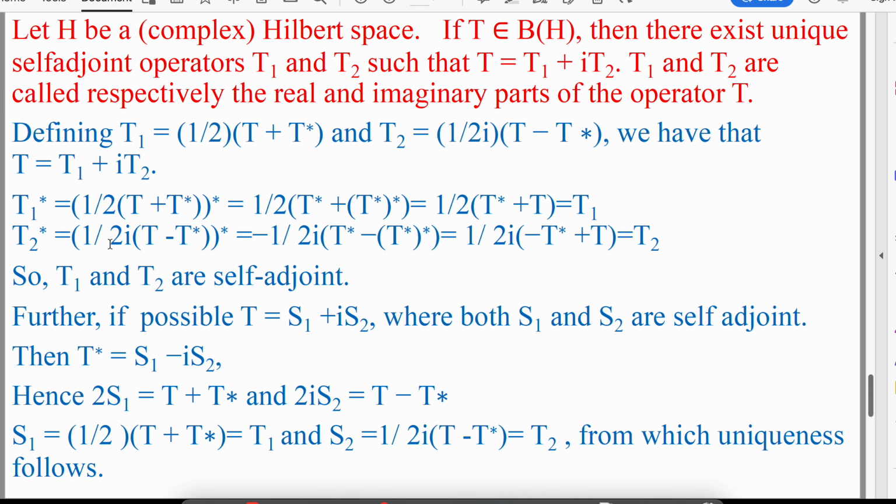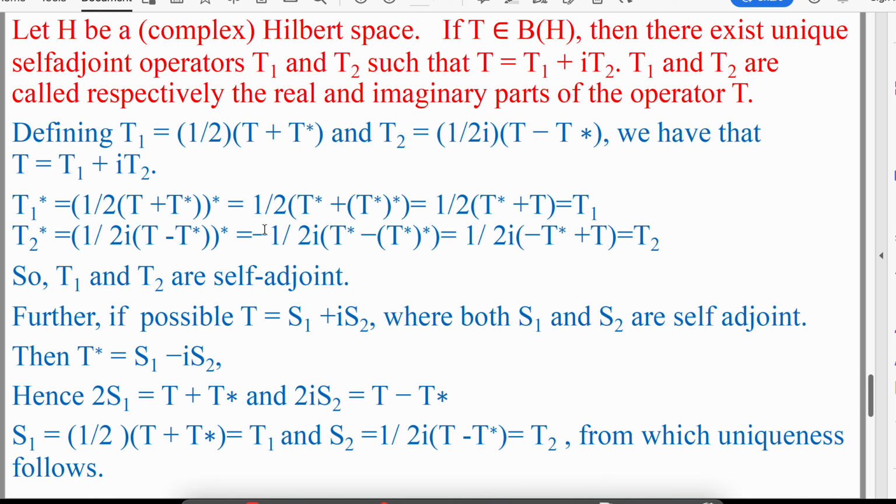What about T2 star? T2 star is equal to 1 upon 2 iota (T minus T star) whole star. Now, because iota is the imaginary number, its conjugate is minus iota. So here we will have minus 1 by 2 iota, and then T star minus T double star.